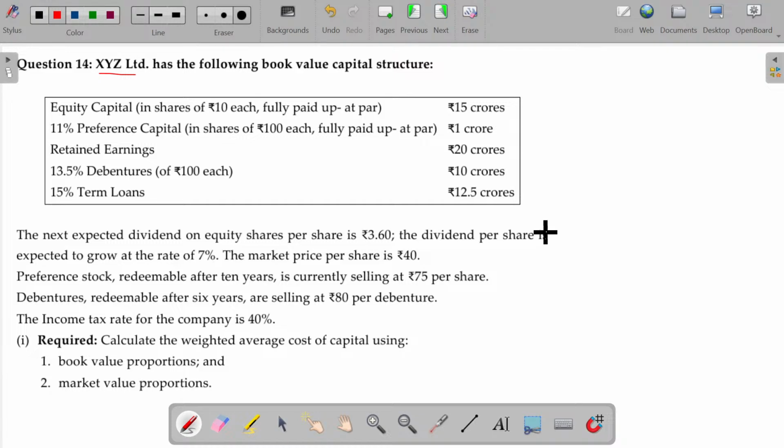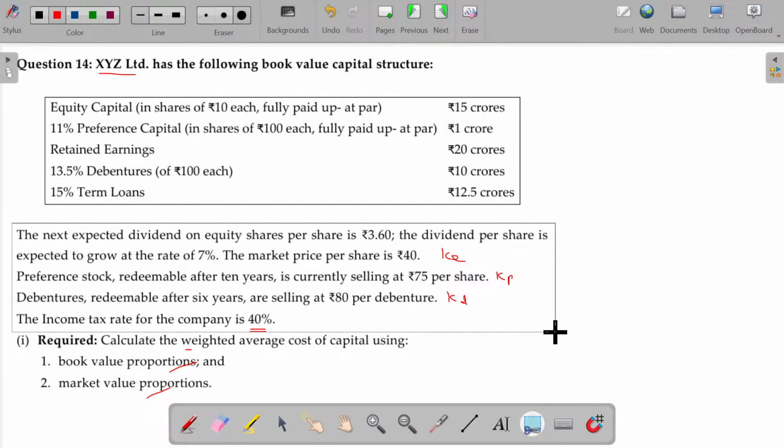This one is for KE calculation. Preference stock details are for KP calculation. Debenture details are for KD calculation. Tax rate being 40%. Calculate the weighted average cost of capital, overall KO, under book value as well as market value proportion both. Come on, join with me to solve all these things.